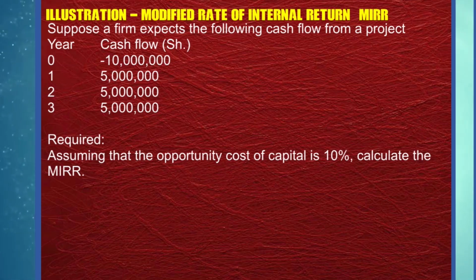So the company has, or you have helped the company project, the future cash flows from a project. The initial investment is 10 million. After the end of year 1, the company expects to have a cash flow of 5 million, year 2, 5 million, year 3, 5 million.